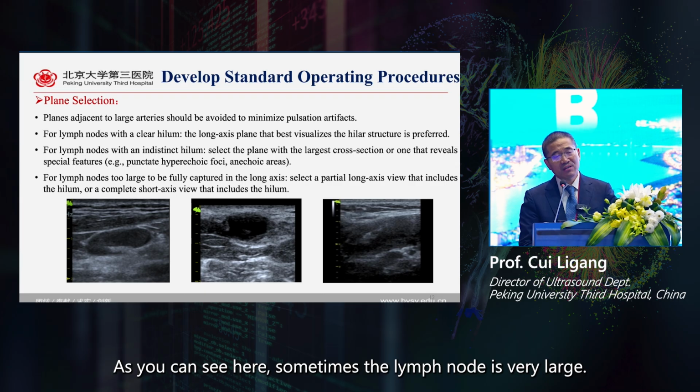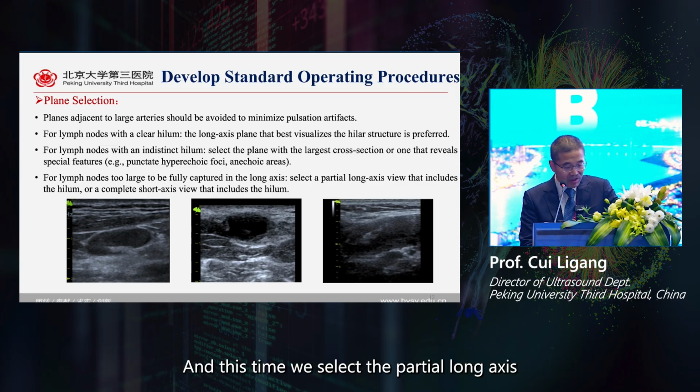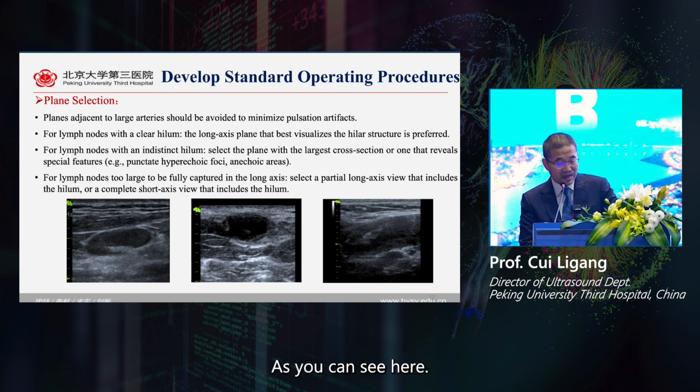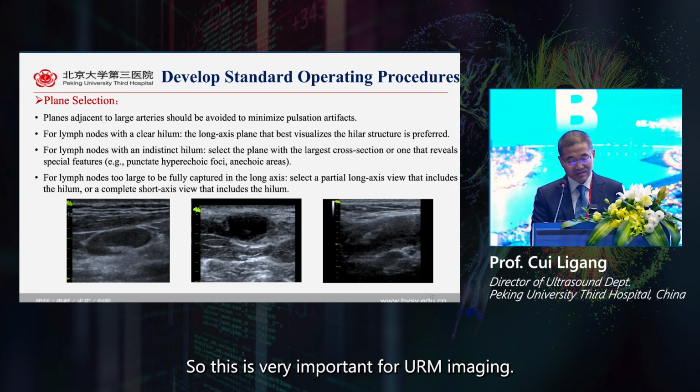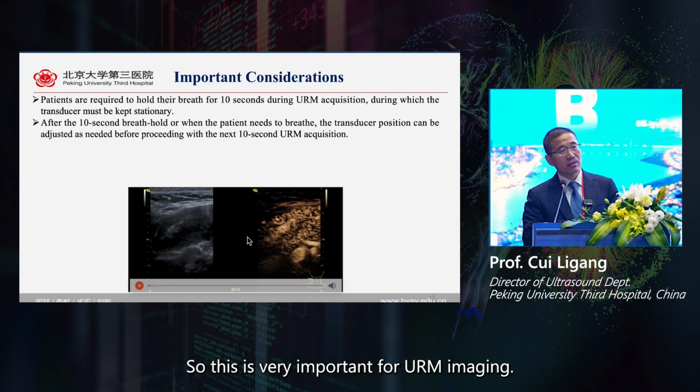Sometimes the lymph node is very large and we cannot capture the whole lymph node within the ultrasound view. At this time, we select a partial long axis view of the lymph node and include its hilum, as you can see here. So this is very important for your URM images.